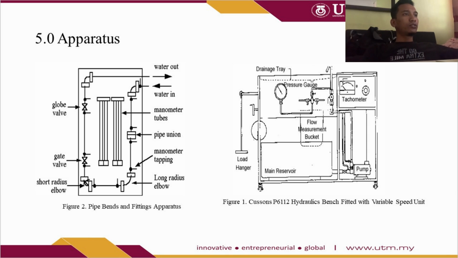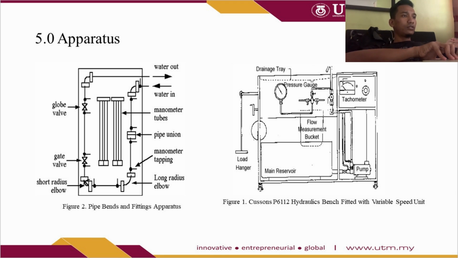Okay, we go through to the apparatus. So this is the apparatus for the minor head losses experiment. In figure 1, we have the drainage tray, pressure gauge, tachometer, flow measuring bucket, load hanger, main reservoir and pump. That is the Cussons P6112 hydraulic bench fitted with a variable speed unit.